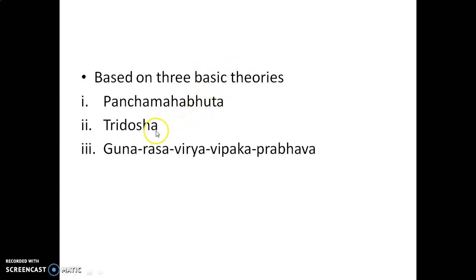Second, the three dosha theory, which governs the pathophysiology of the body, and third, Rasa Guna Virya Vipaka Prabhava. This is an important hypothesis of Ayurvedic therapeutics, and it denotes the pharmacodynamics and kinetics of Ayurvedic medicine.